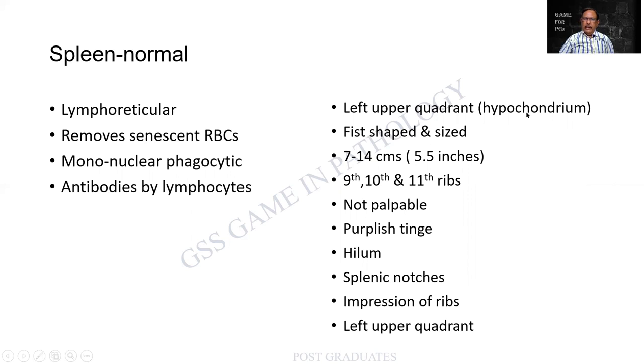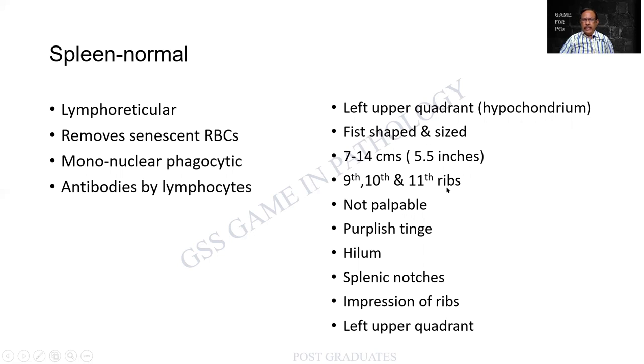And coming back to the fundamentals over here, it is located in the left upper quadrant of the abdomen. It is fist shaped and it is also the size of the same. The dimensions are better explained in the next diagram, but for the time being we shall remember that the impression of the 9th, 10th and 11th ribs can be seen.